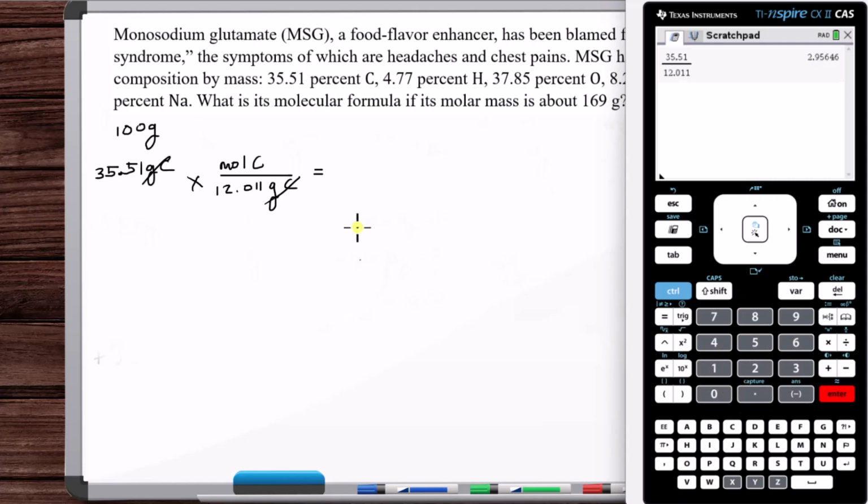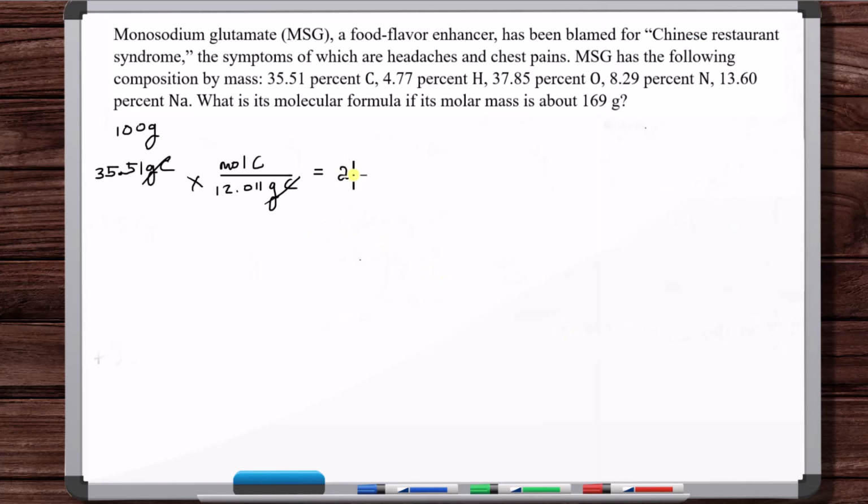That gives 2.96 moles of carbon in this 100 grams of the MSG.